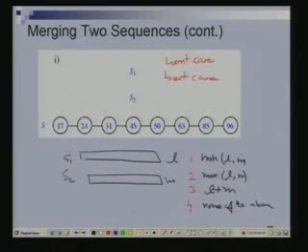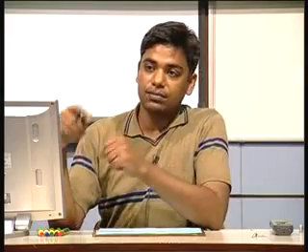Okay, let's look at worst case. Who can tell me what's worst case? Okay, in the worst case, what do we have to do? In the worst case we will have to compare, no, actually, right, so worst case should be L plus M, right? We might have to do every possible comparison.